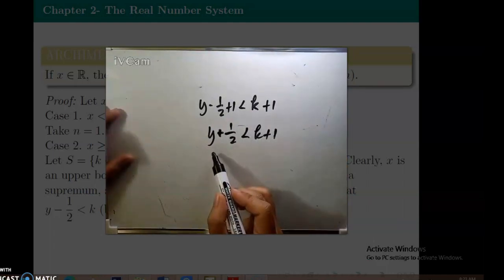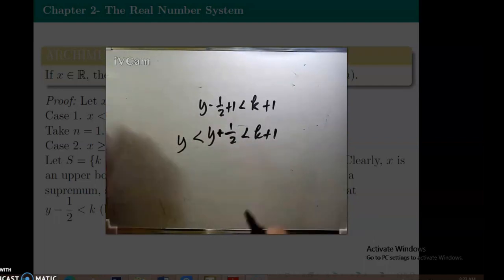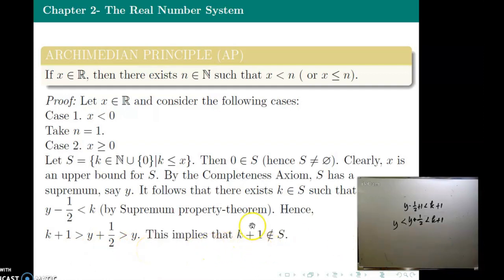And we all know that Y plus 1/2 is greater than Y. Hence K plus 1 is greater than Y plus 1/2, which is greater than Y. This implies that K plus 1 is not in S.